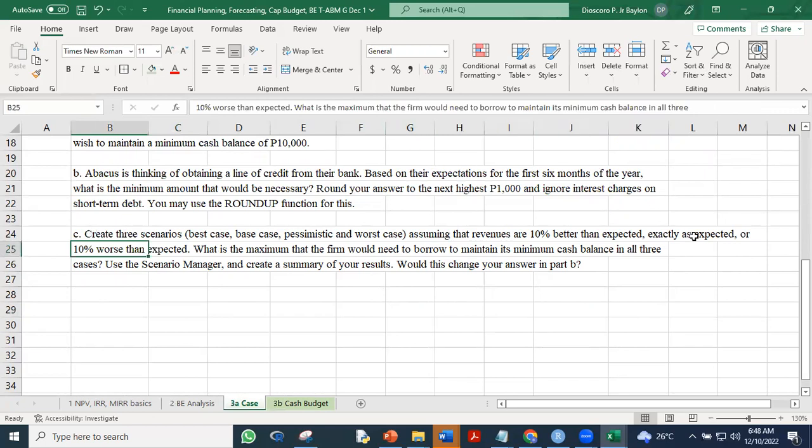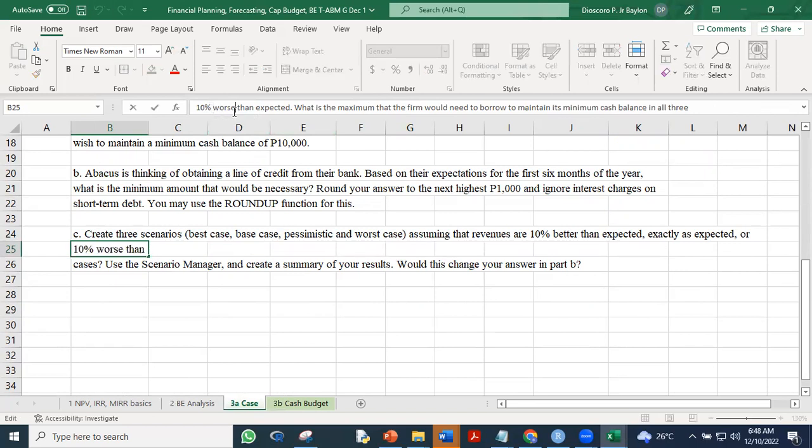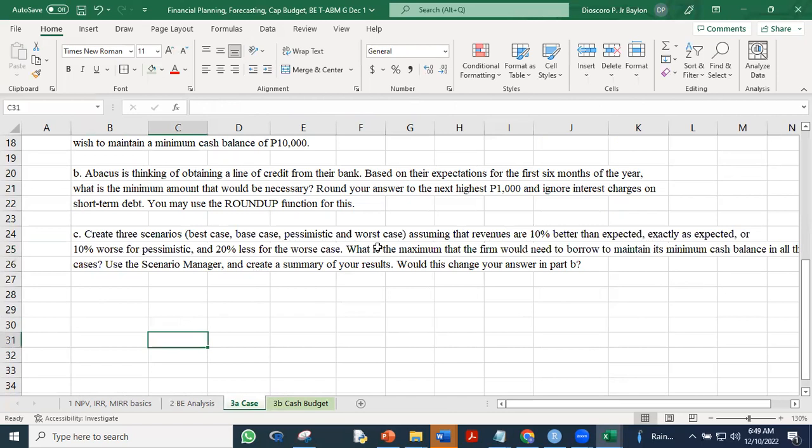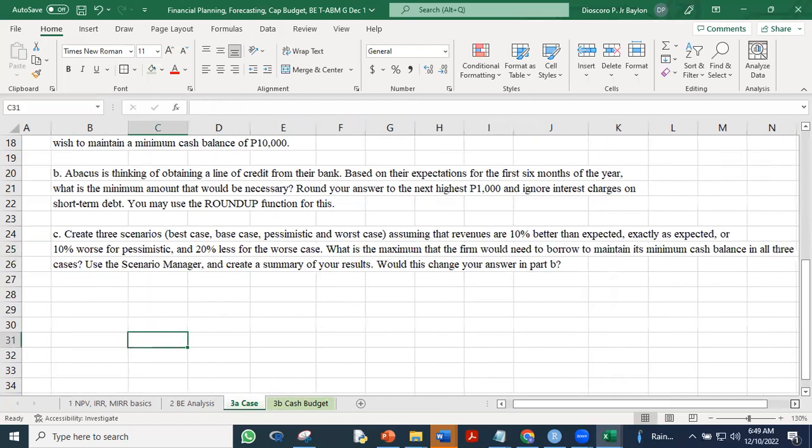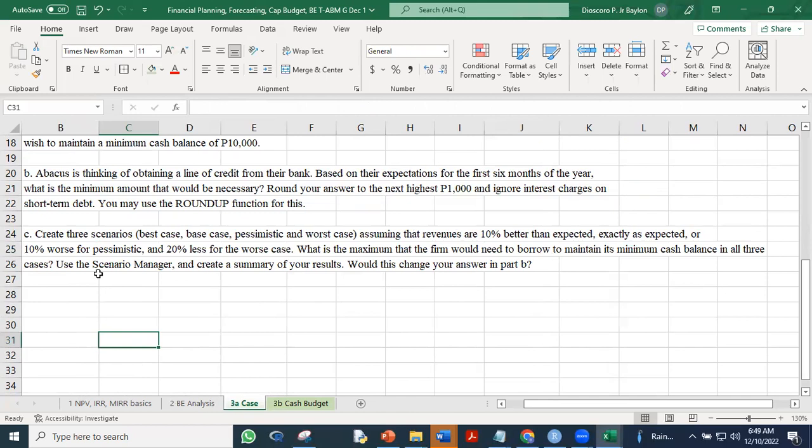And then let's change this to 10% worse for pessimistic and 20% less for the worst case. And then we're asked to use the scenario manager and create a summary of your results.